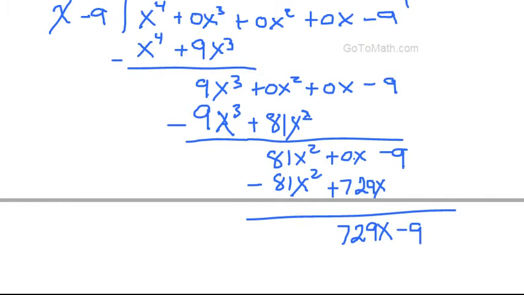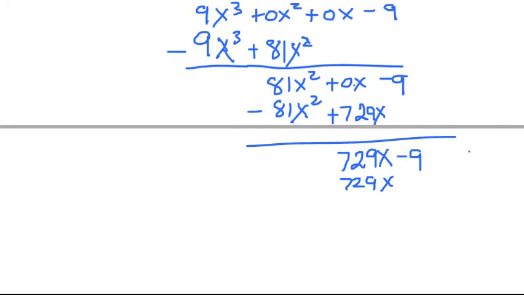So now we're going to have plus 729x, and then 729 times 9. Let me see, I'm doing this in my head. 6561. Hey, that's my phone number. Alright, just kidding, 6561.